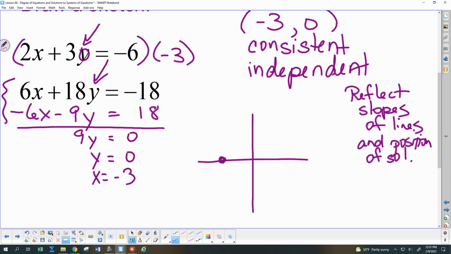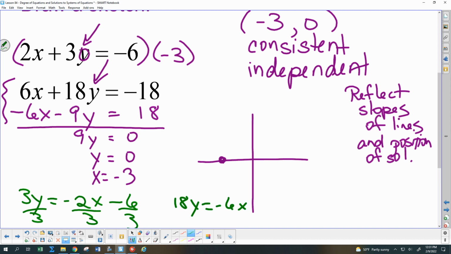Now I just need to figure out, did I have positive or negative slopes on these things? So my top one, I had 3y is -2x - 6. Positive or negative slope? And my bottom one, I had 18y is -6x - 18.